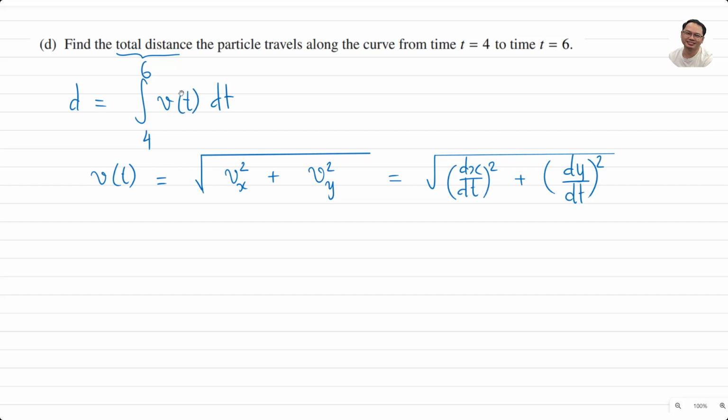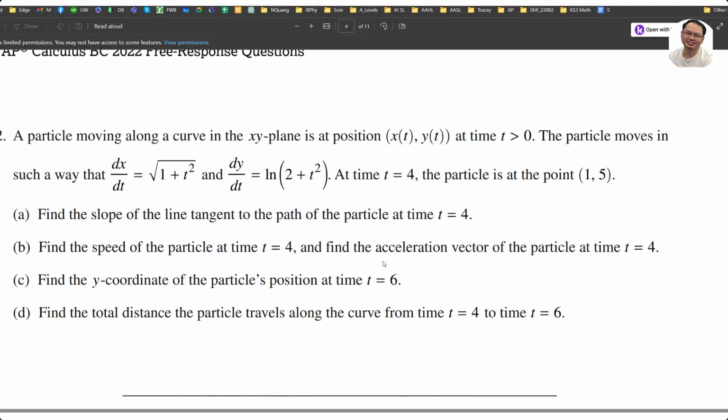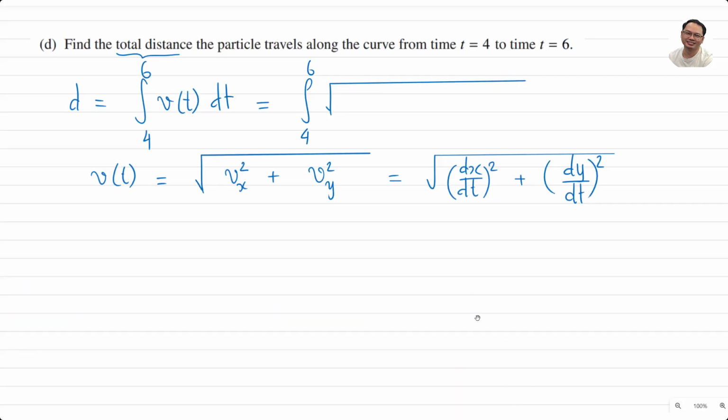So to find this distance, we just need to put all of these functions into the integral, meaning the integral from 4 to 6 of the square root. dx over dt is the square root of 1 plus t squared, so when we square it there is no more square root, but only 1 plus t squared. And the second thing is ln(2 + t squared), and then we need to square this thing.